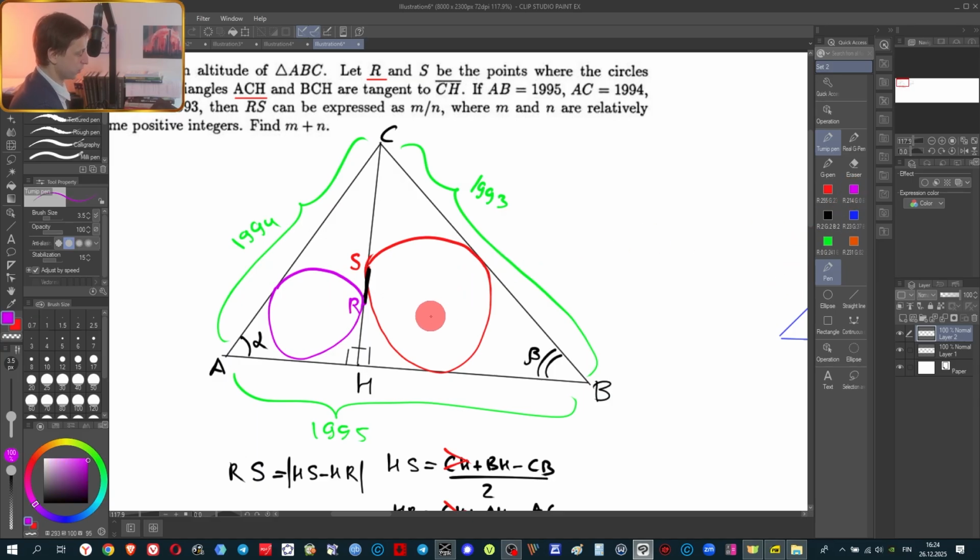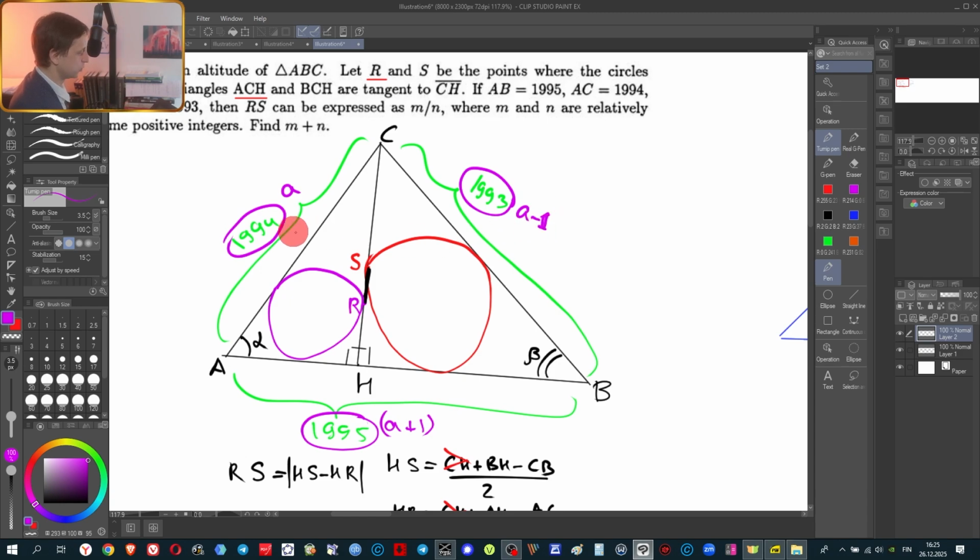For example, we will mark this side 1994 as A, because this one is in the middle, and this one will be A plus 1, and this one will be A minus 1. It's not necessary to mark this one as A. It's just up to you. It's your personal choice.